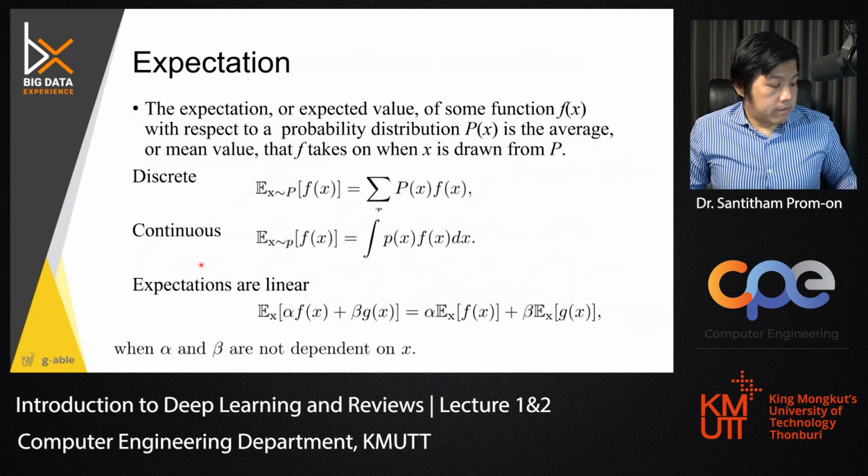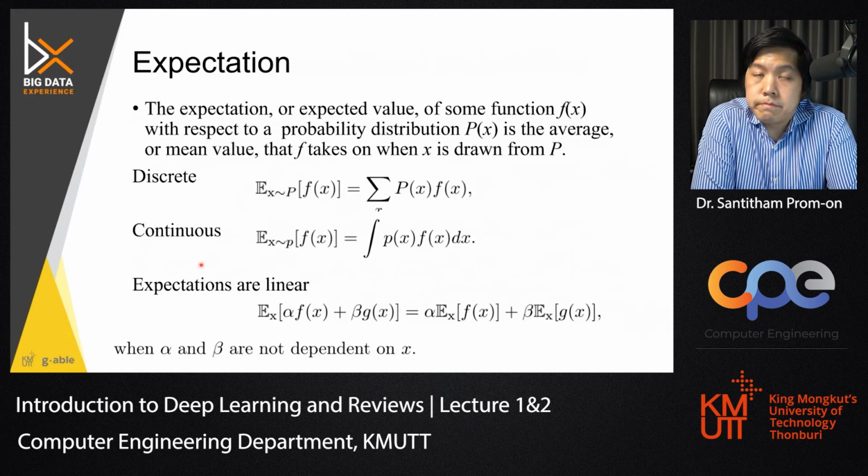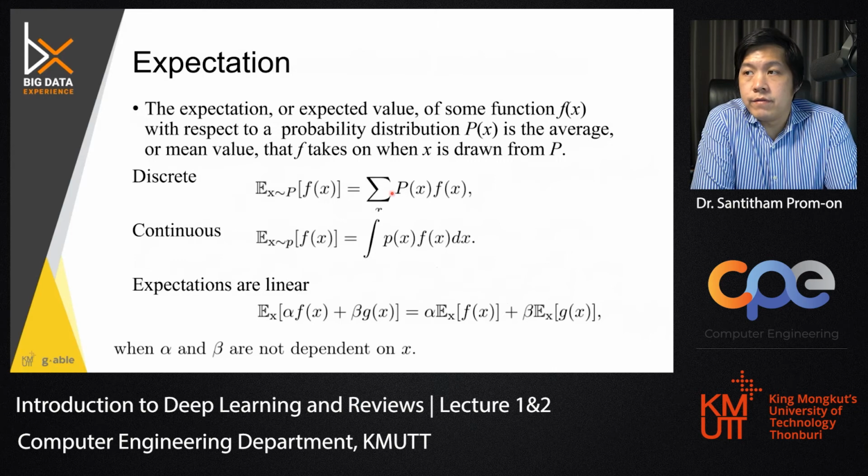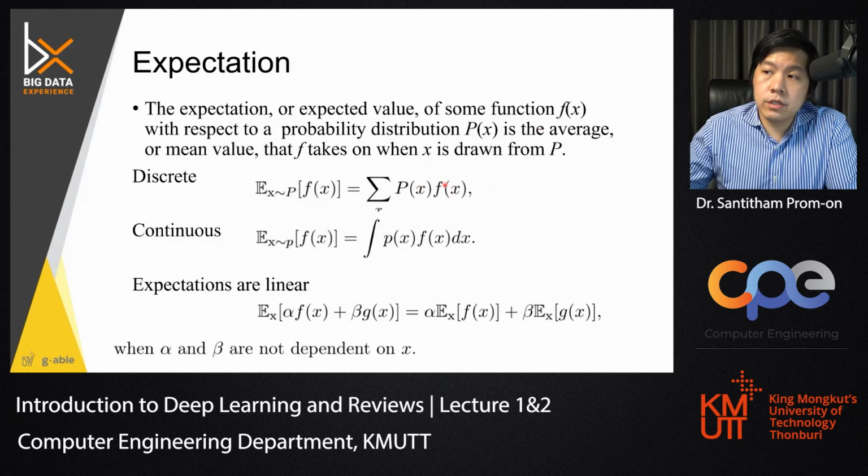Right. So the next topic would be the expected value. We call the expectation of some random variable, some function, the multiplication of the probability and the random variable. f(x) is the random variable, the function that produces value, and p(x) is the probability of that one.